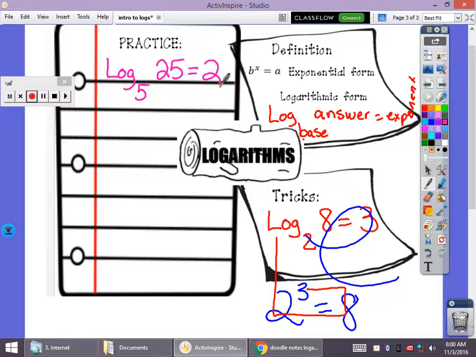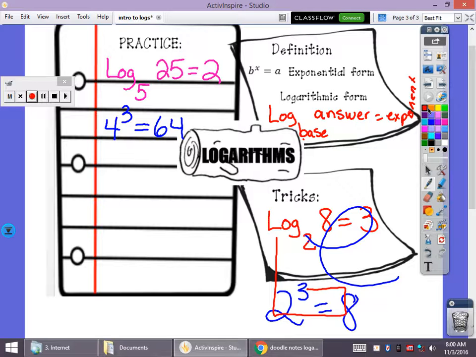Exponential. The next problem is going to be 4 to the 3 is 64. So you're going to write that in what type of form? It's already exponential, so I want it in logarithmic form, log.